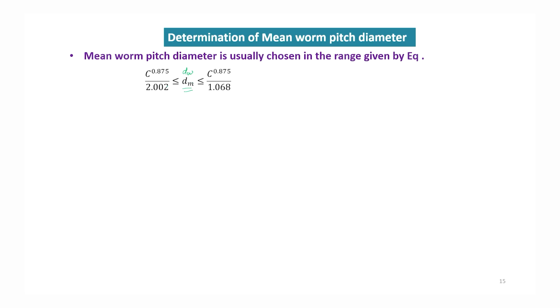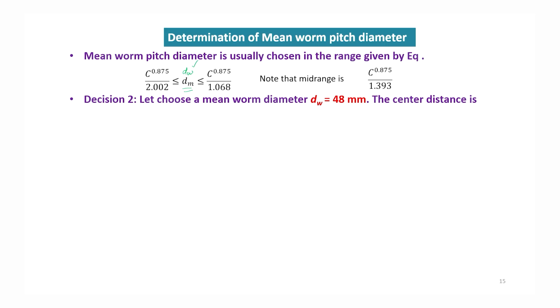So, dw is within this range, and at this stage we do not have this dw. So, the mid range of this is C to the power 0.875 divided by 1.393 of this range. So, decision 2 is taken about the pitch diameter of the worm. Let us choose a mean worm diameter dw equal to 48 mm.